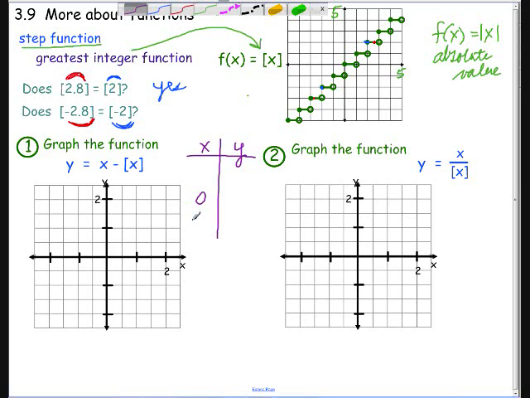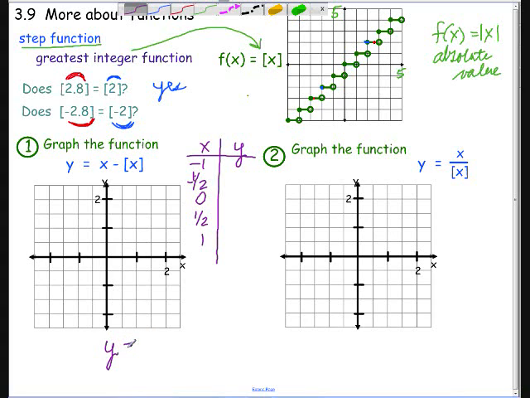In this case, because we're dealing with the greatest integer function, we might want to try some fractional values. I don't usually, but here it might be a good idea. And then we'll do negative 1/2 and negative 1. Let's put a negative 1 in.